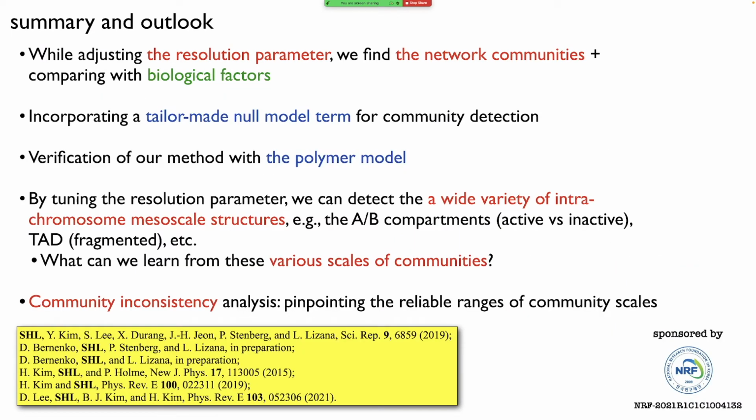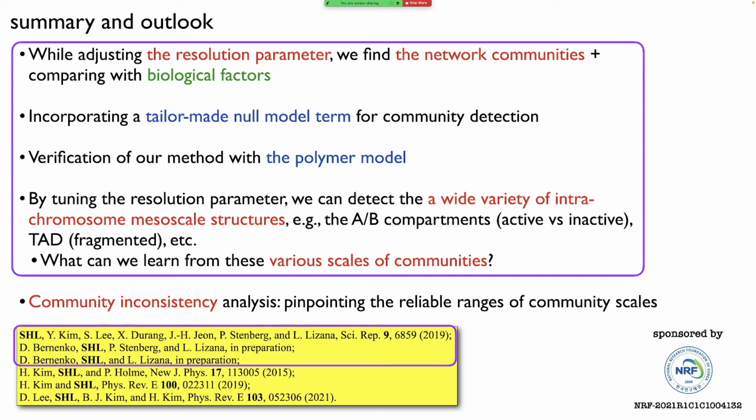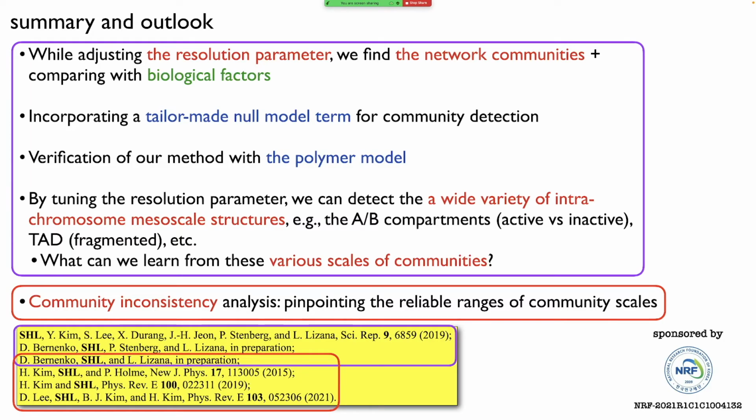So here's a summary of my talk. In the first part, I introduced our network community detection scheme to detect the communities in the high-C data, or chromatin interaction, across different scales. In the second part, I introduced a bit technical but practical issues of community inconsistency problems, and how we can use this inconsistency information itself to quantify the reliability of the community detection across different scales.